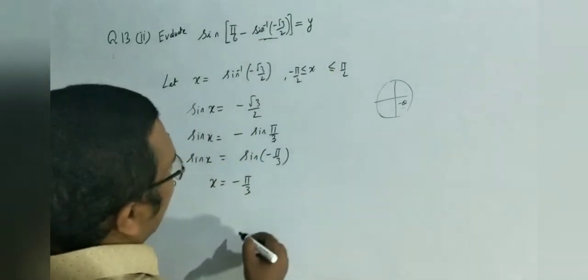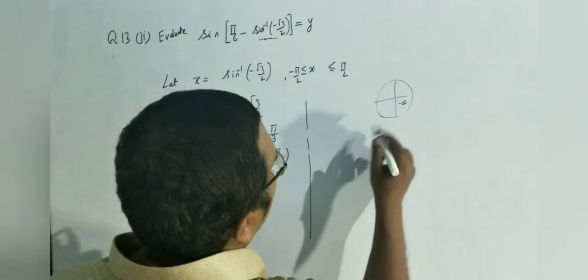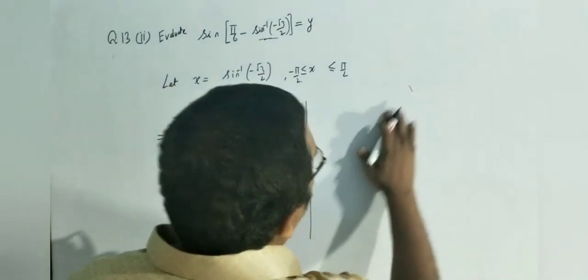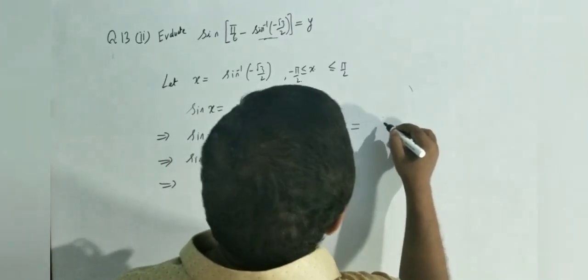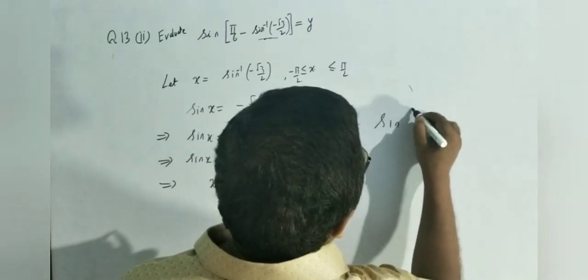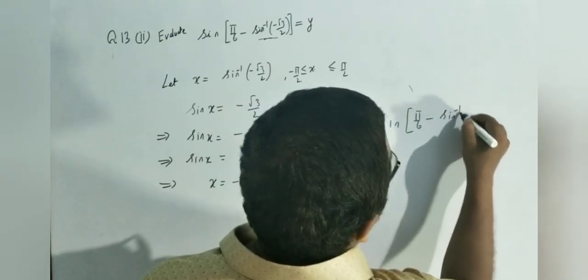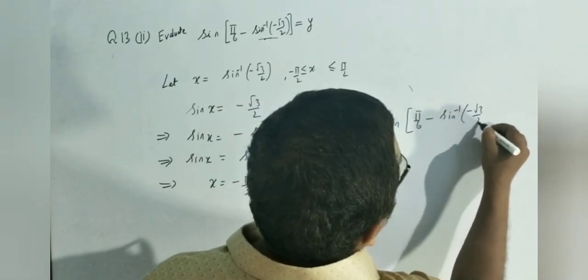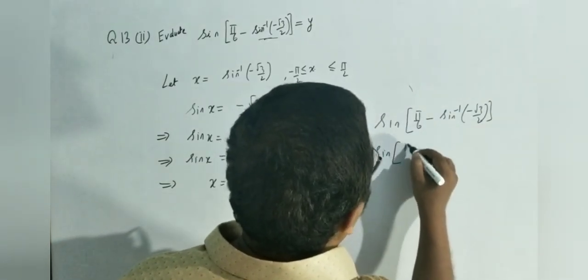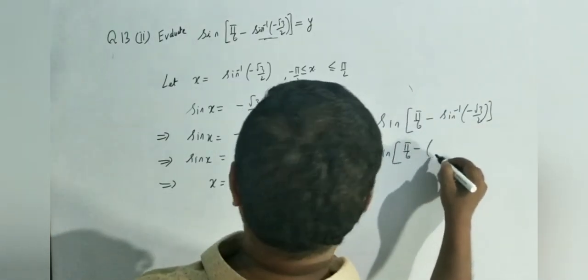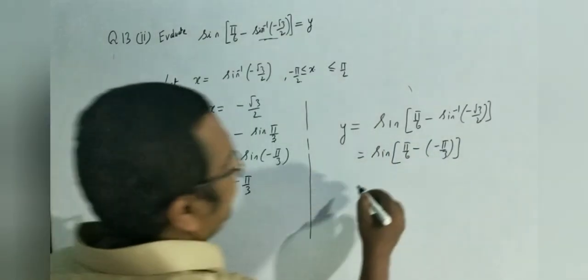So I'll go back to the question. In the question it is given y is equal to sin pi by 6 minus, minus pi by 3 I have calculated here.